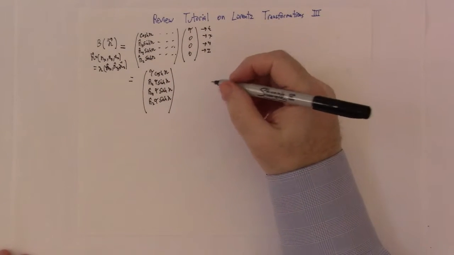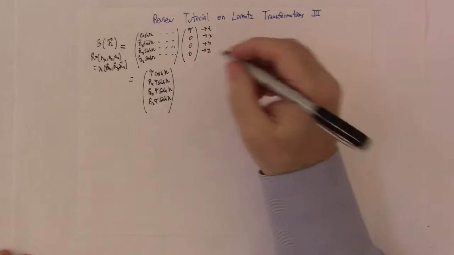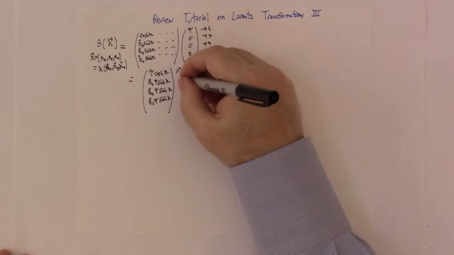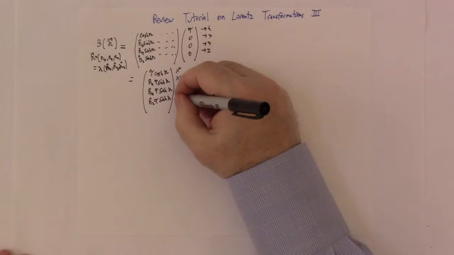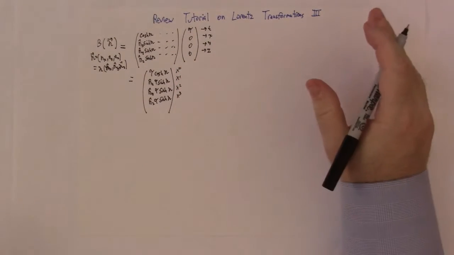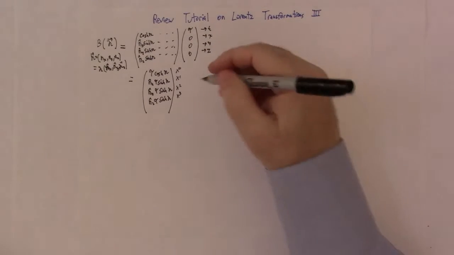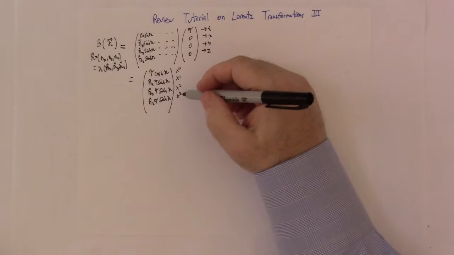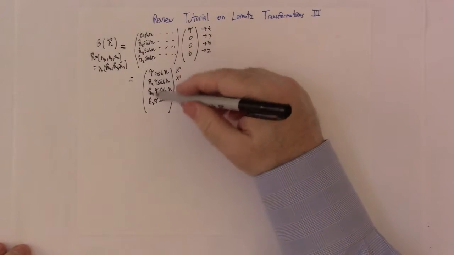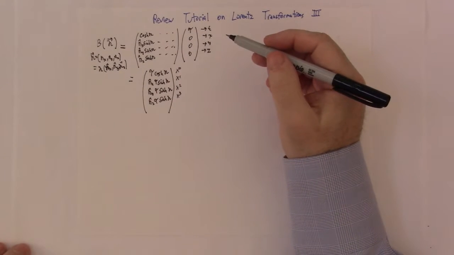Now, this world line is the same thing in different notation. We're not changing coordinate systems here or anything. This is the x0 coordinate, this is the x1 coordinate, and so on. So the particle is moving along this world line. How fast is it moving?